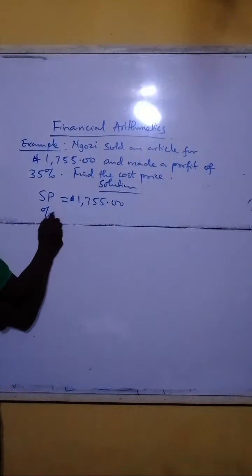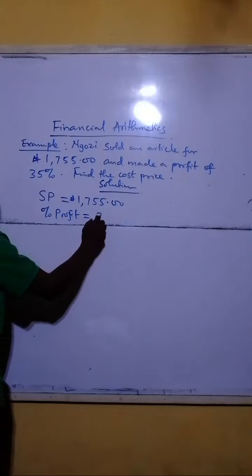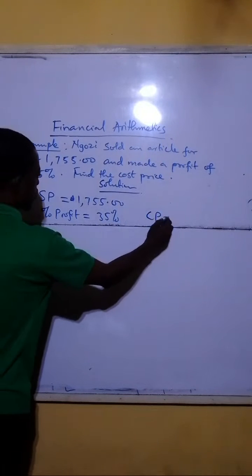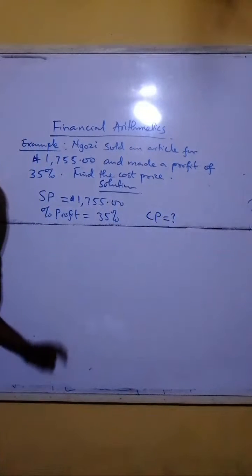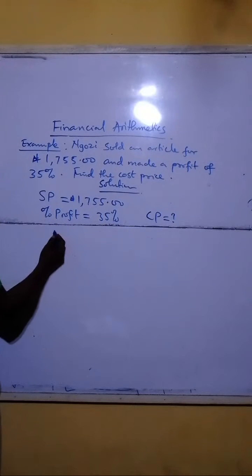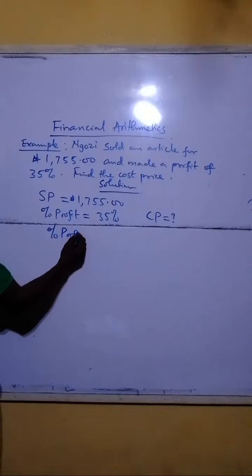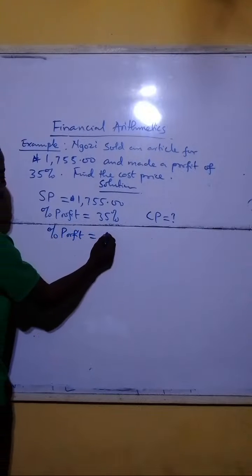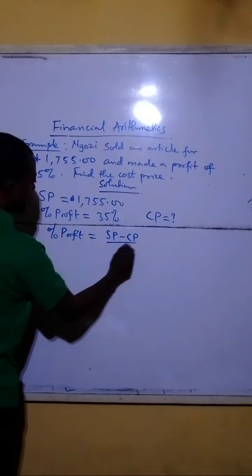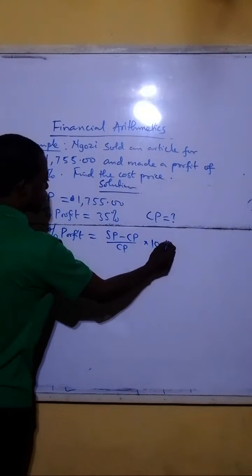So the percentage profit has been given as 35%. What we are finding here is the cost price. Since we have percentage profit, we can write the formula out: percentage profit equals selling price minus cost price, over the cost price, times 100%.